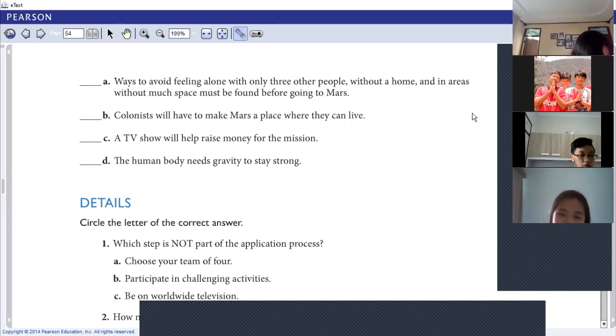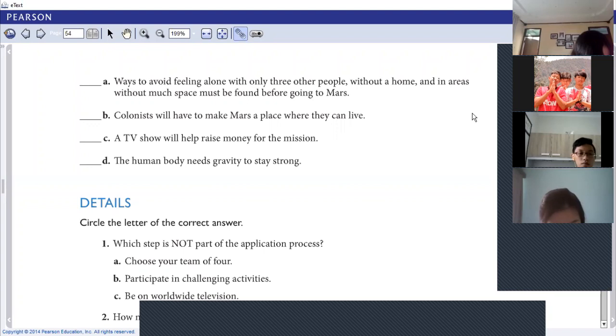I'm kind of confused with the main idea for this. Okay, it's the sentence: if your team is the first team to travel to Mars, your main responsibility when you get there will be to build a place where humans can live. That is the one that is here. Colonists will have to make Mars a place where they can live. See that? So you're basically trying to find the main idea that's in your textbook in the text and then underline it. Thank you, Ian.